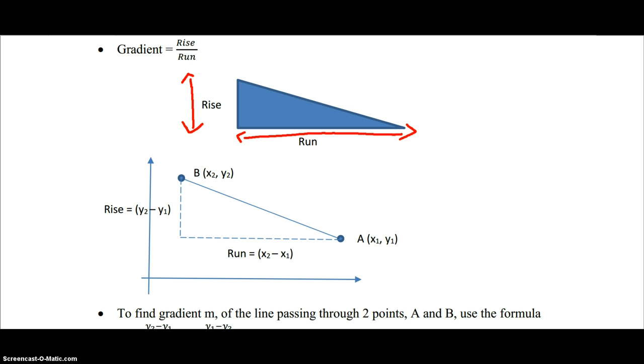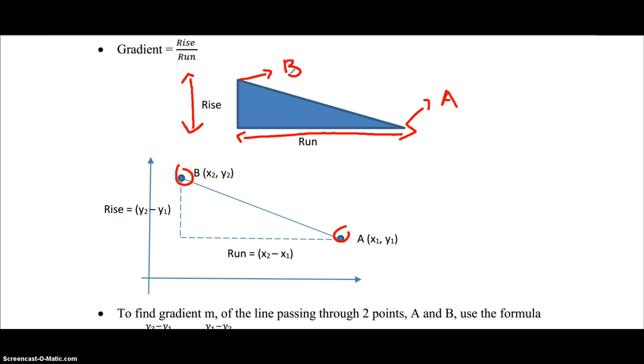If you project this triangle onto this graph, and I give two coordinates, A and B, how do I find the gradient of AB?